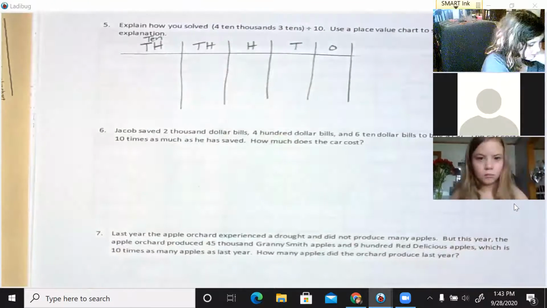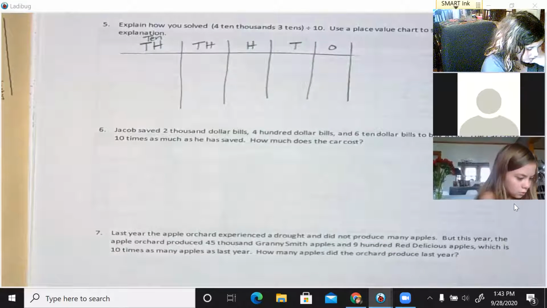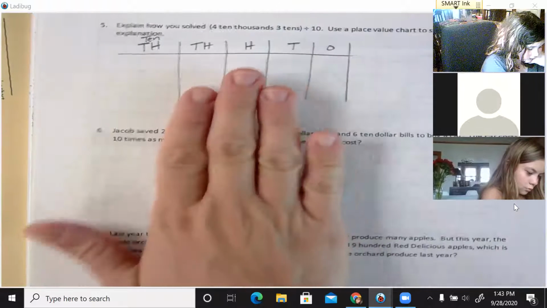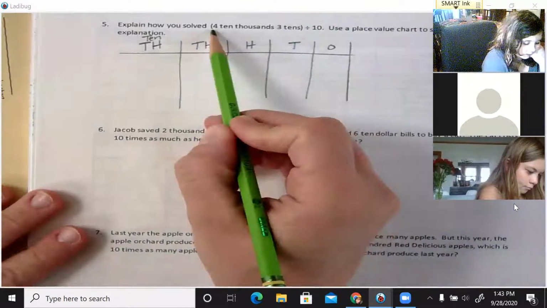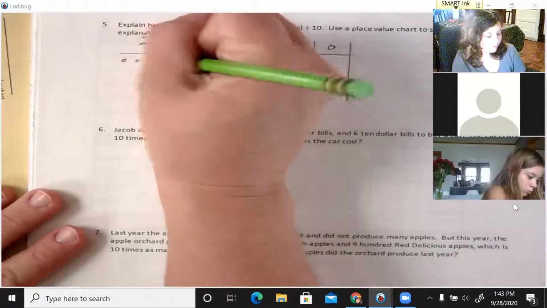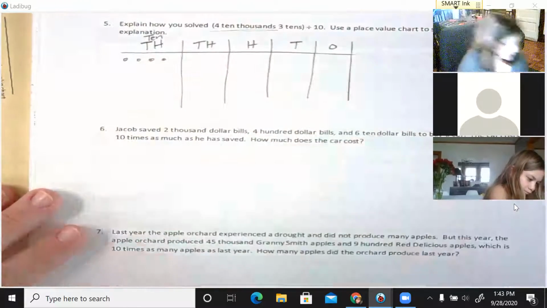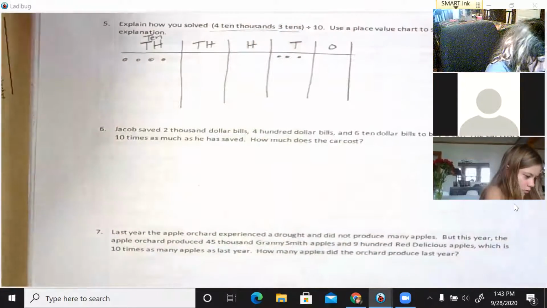So we have to explain how you solved 4 10,000s and 3 10s divided by 10. Use a place value chart to support your explanation. So that's what we have right here. So we're going to start with what we know. We know we have 4 10,000s, 1, 2, 3, 4, and we have 3 10s, 1, 2, 3.